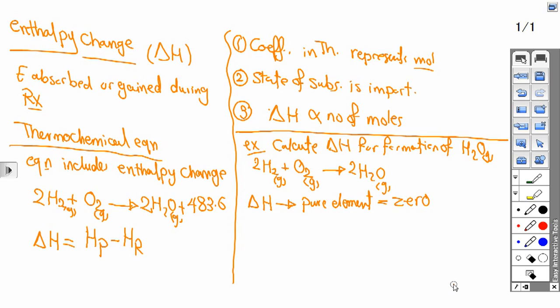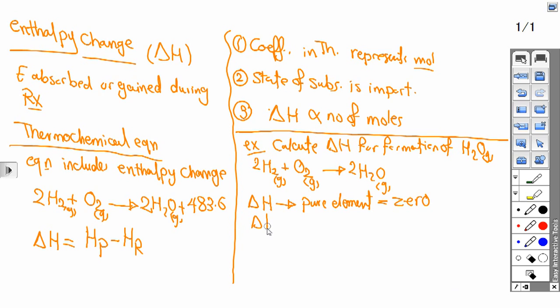We need delta H for water, H2O. How can we get it? From a table, or it is given in the exam. From the table, delta H for one mole of water equals negative about 241.8.